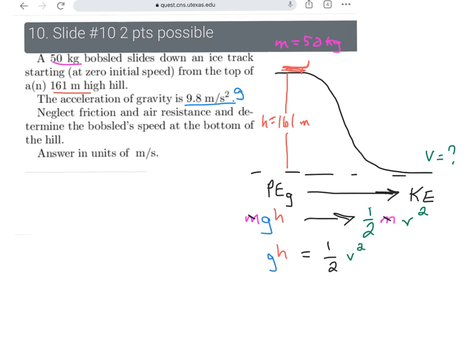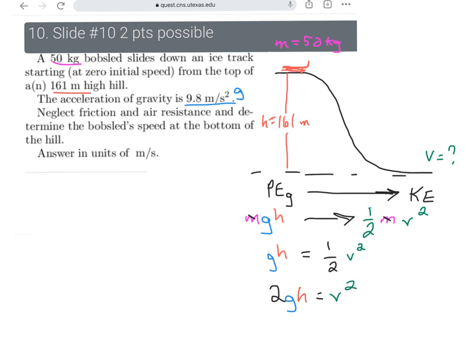And since we're solving for velocity, we'll move the fraction to the other side. So instead of dividing by 2, we'll multiply by 2. That is going to give us 2 times gravity times height, and that'll be equal to velocity squared.